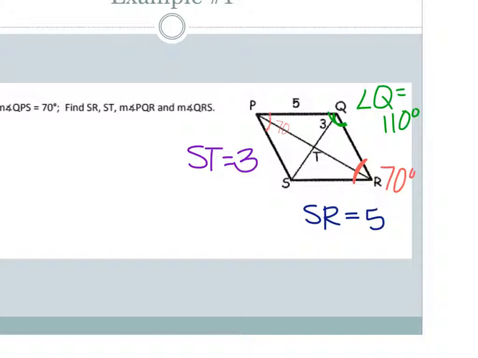But what do I know about angle P and angle R? They're opposite, so they're congruent to each other. So what would angle S equal? 110. And to double check your work, 110 plus 110 plus 70 plus 70 should give you 360.